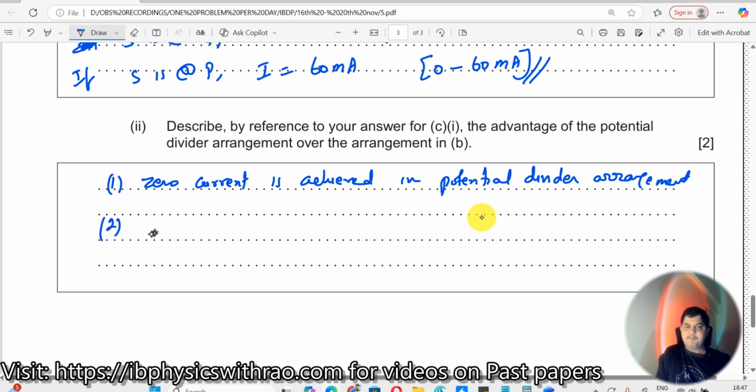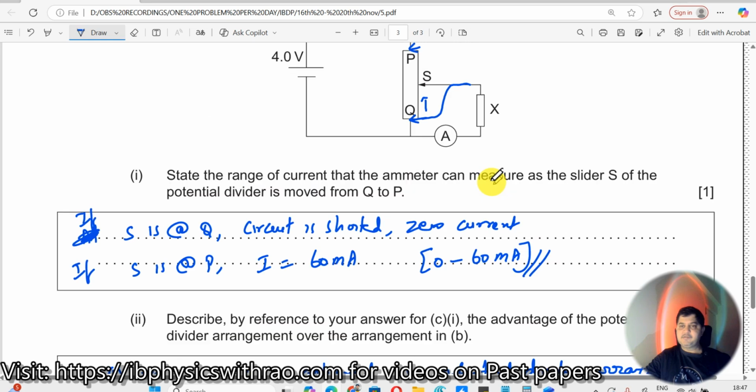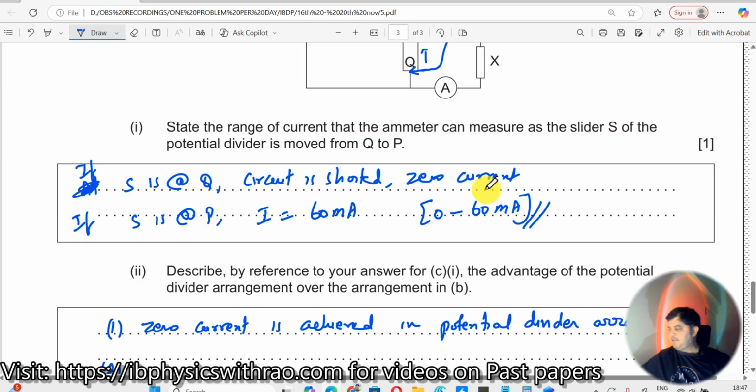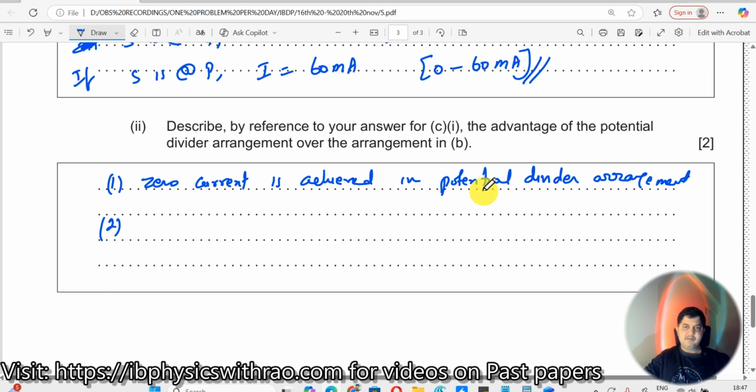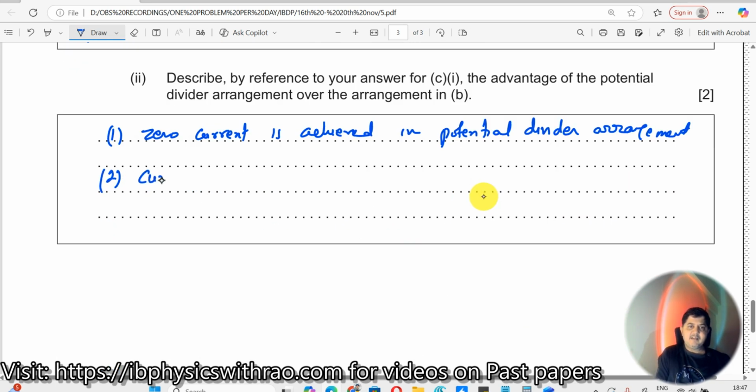What's the next step? So we have got the first one, and the second one we can say is that the current can be varied appropriately by moving the slider, instead of having a fixed value.